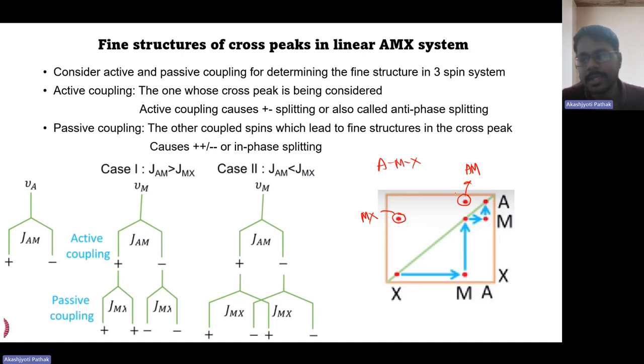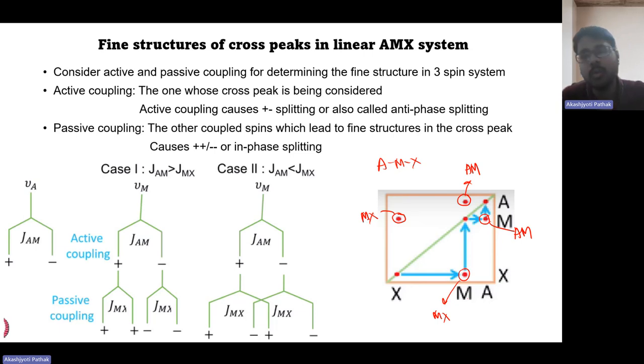So this is an AM cross peak, and this is also an AM cross peak. And this one has M on the F1 axis and X on the F2 axis, so this is an MX cross peak, and this is what the linearly arranged three spin AMX system looks like.